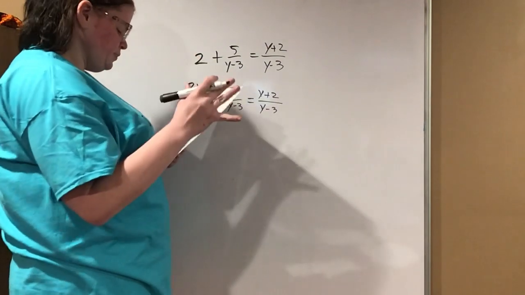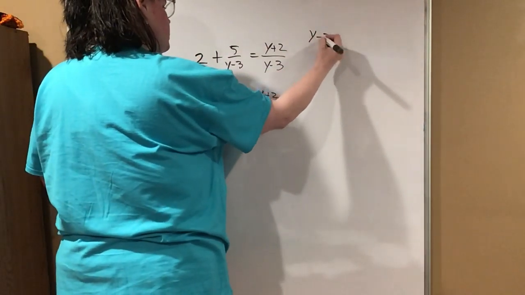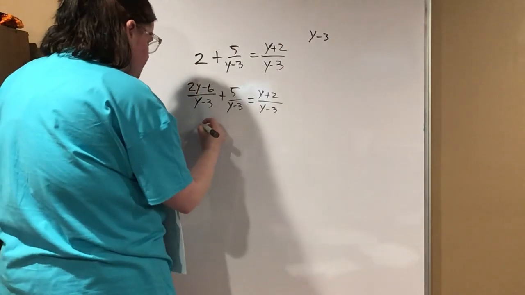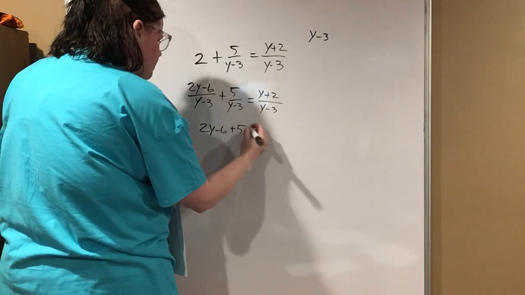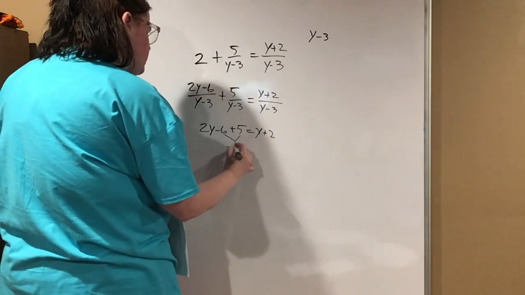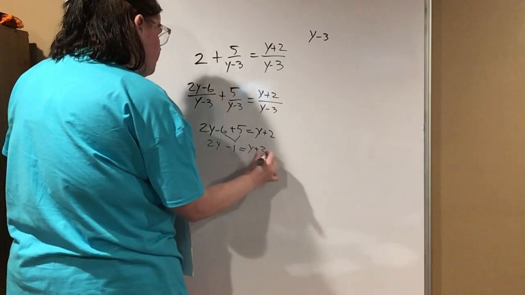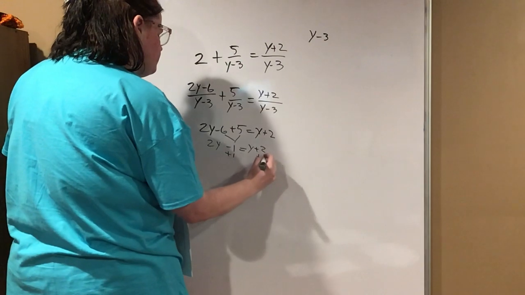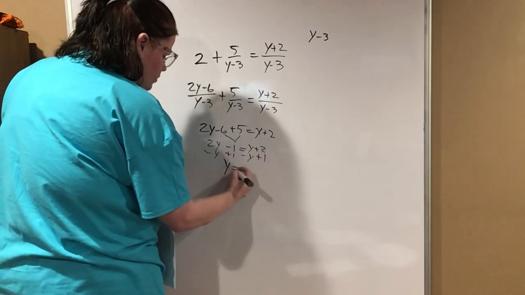So now I'm going to put my least common denominator here because we're going to use that in a second. So let's ignore the bottom. We have 2y minus 6 plus 5 equals y plus 2. This combined is a negative 1, so 2y minus 1 equals y plus 2. Then add the 1 and subtract the y. I get y equals 3.